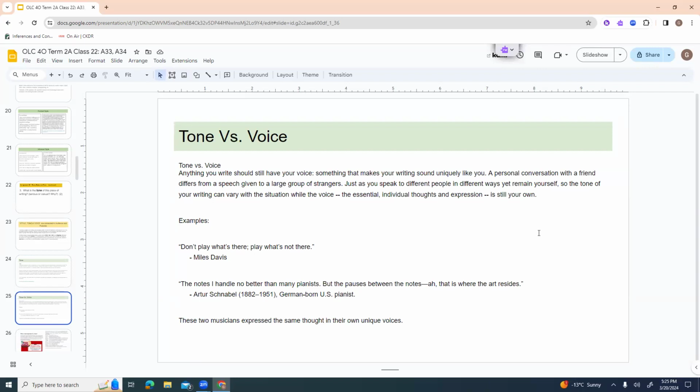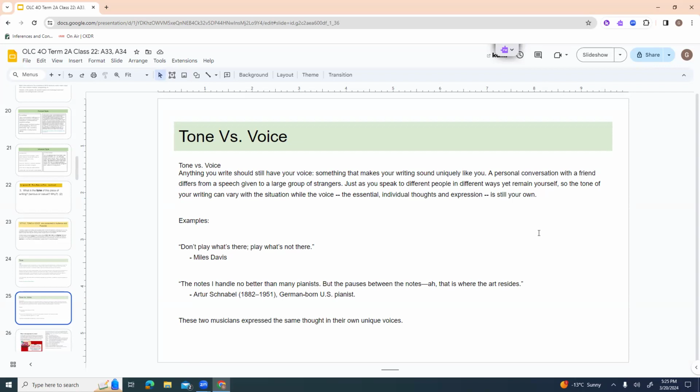Sometimes tone and voice are used interchangeably, in case you're more familiar with that phrase. Anything you write should always have your own voice, something that makes your writing sound uniquely you.